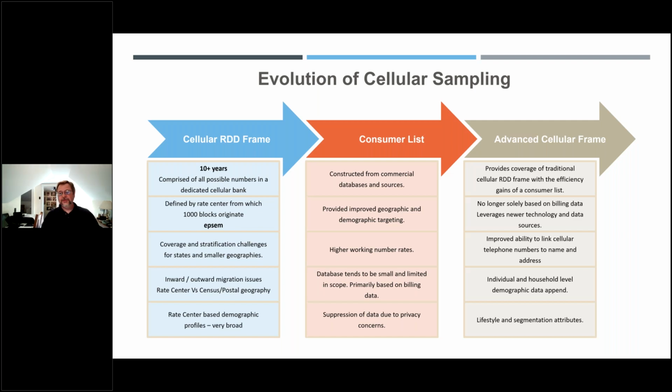And this takes us to today's topic, which is the Advanced Cellular Frame. The Advanced Cellular Frame actually builds on all the positives that the cellular RDD frame offered and what the consumer lists offered. It provides the traditional coverage that a cellular RDD offers, so it includes every single cell phone number in the RDD frame, but it also includes all the efficiency gains that you get from the consumer list.